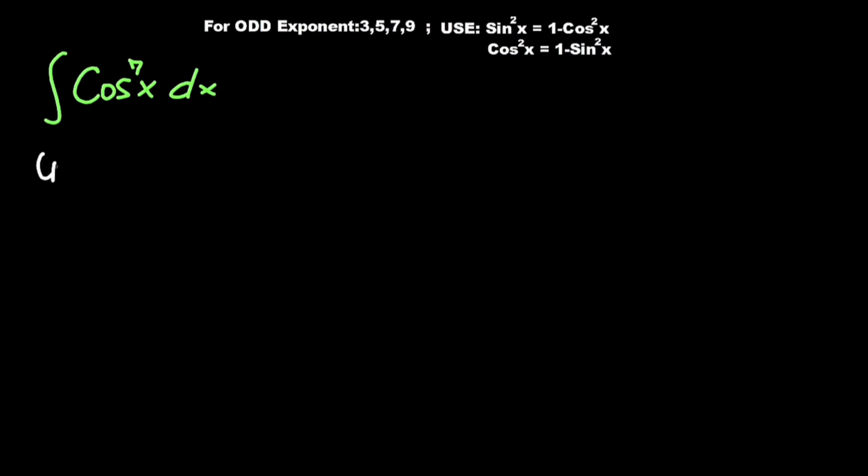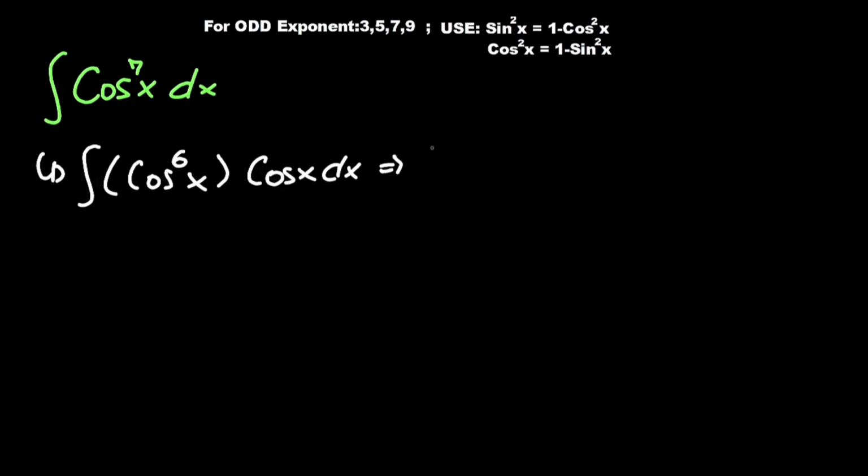The integral of cosine raised to the power of 7 of x. So, factor out 1 cosine of x again. So, we must have this in cosine squared of x form.